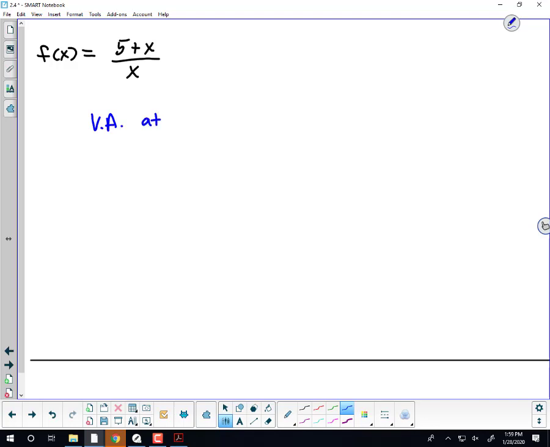Where x is undefined. When x is 0, right? So now, with that knowledge, if someone asked me to compute the limit as x approaches 0 in this function, there's an asymptote there, right? So I should compute the limit from the left and from the right. I don't even know what this function looks like, but I know that there's an asymptote here.